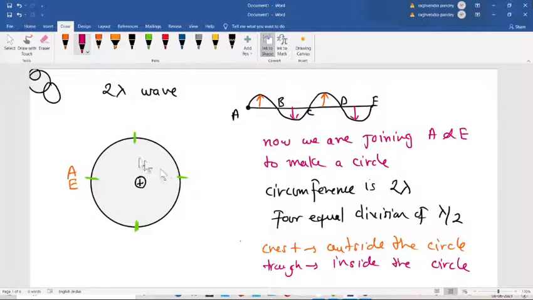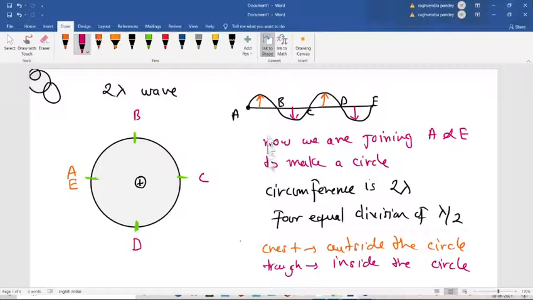So from A to B, this is your B, here it is B at this point. This is your C, this is your D, and this is your E.